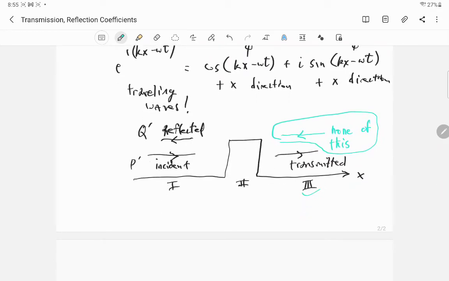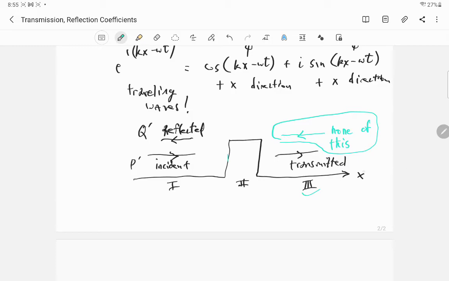Physically, what we're imagining is we send in from a source on the left side waves of particles, right? A ray of, say, electrons. Some of those electrons are going to reflect off the boundary, and some of them are going to transmit. But if the electrons make it to the transmitted side, there is no reason for them to come back because there is no other barrier.